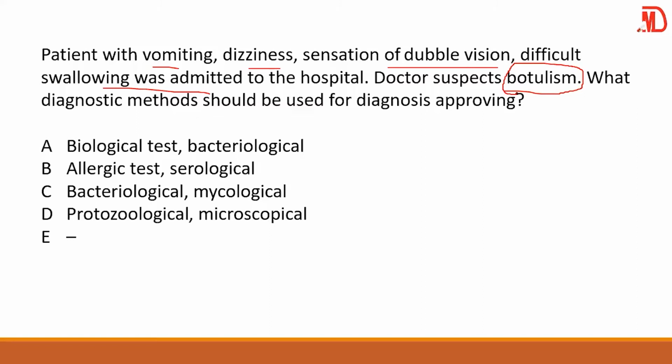If you eat these food substances, you are at high risk of contracting botulism. So how do we investigate this kind of microorganism? Of course, you do your biological test and then bacteriological test. So your answer would be biological and bacteriological.